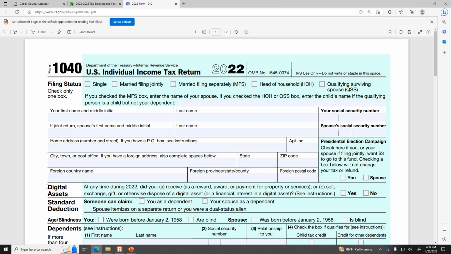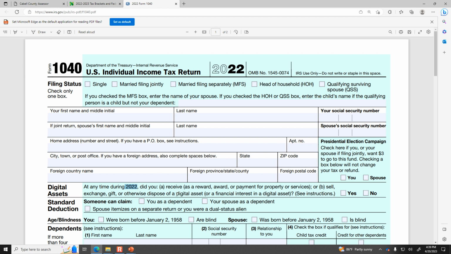So one of the things that's new just in the last 2 years is the IRS is asking you to declare whether you have digital assets. And they didn't used to do that, but it's a new thing related to cryptocurrency like Bitcoin, for example. So they're asking you if any time during the year did you receive or sell a digital asset.